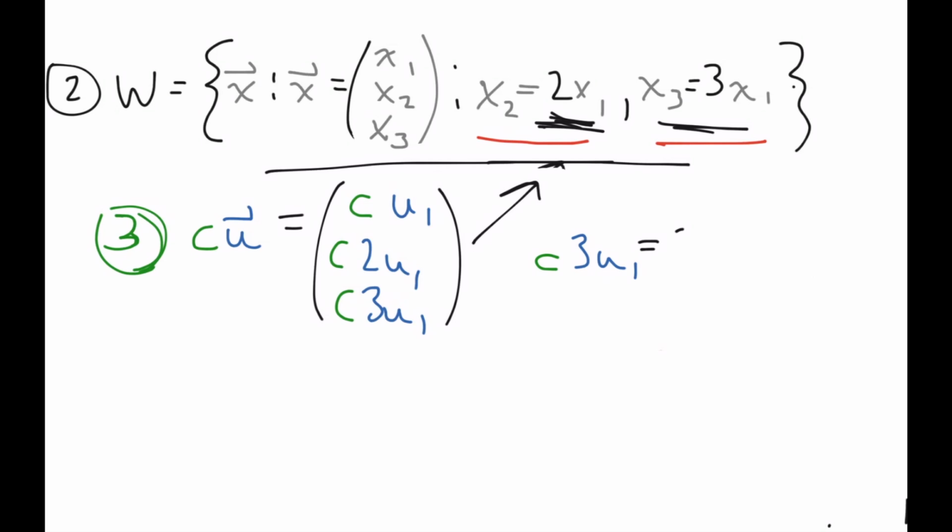That should be equal to 3 times x1, which is cu1. This is also true. Since this has met both specifications, we know then that this is closed under scalar multiplication, and that this third condition and all conditions have been met, thereby W is a subspace.